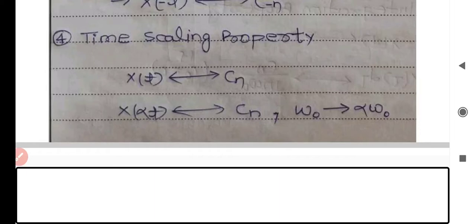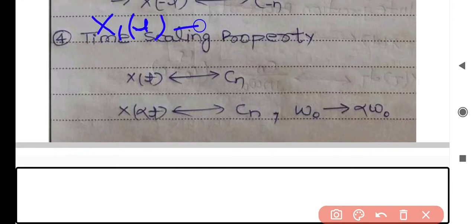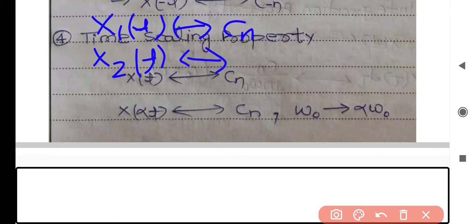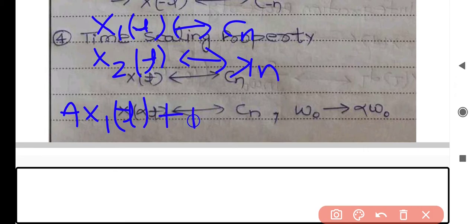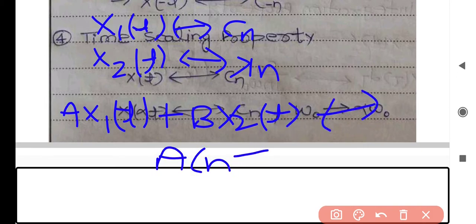In the linearity, we have seen that if a signal x1(t) produces the Fourier coefficient Cn and x2(t) produces Dn, then a x1(t) plus b x2(t) will produce a Cn plus b Dn. This property is called linearity property of the Fourier series.